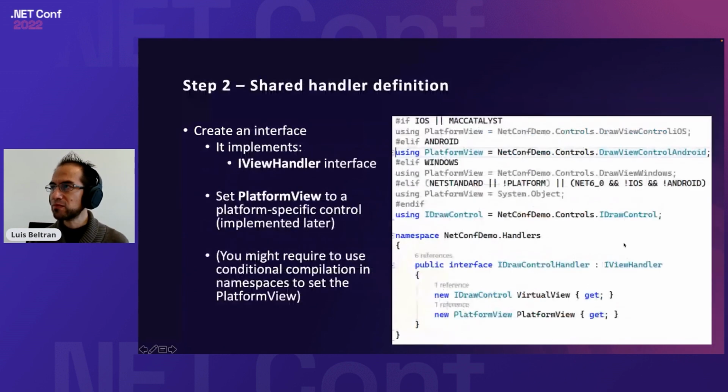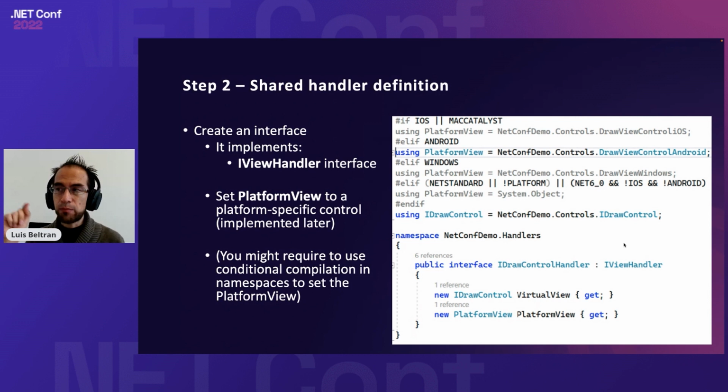Well, we move to step number 2, and here is where things can become a bit complicated, but let's bear with it. So we are going to create a second interface. This one implements IViewHandler, and here we can set the platform view to a platform-specific control that maybe exists if we are extending it, or since it is a new one, we will implement it later.